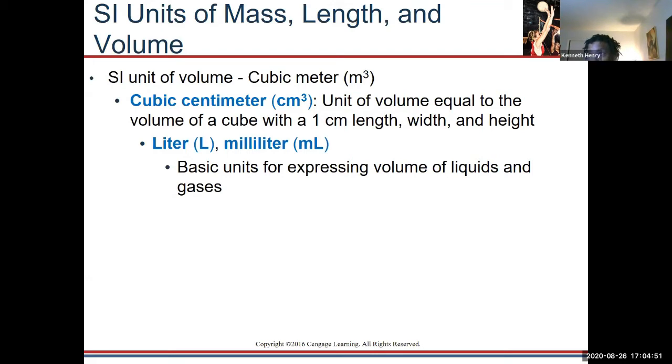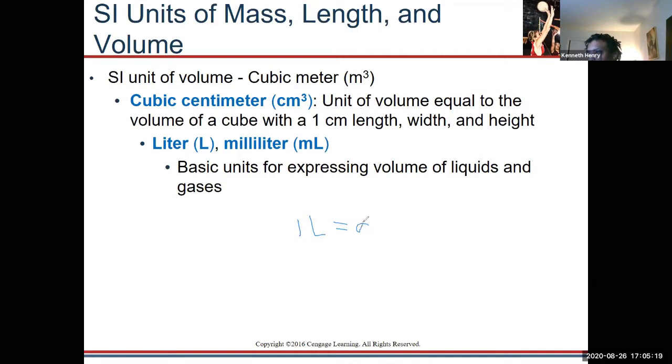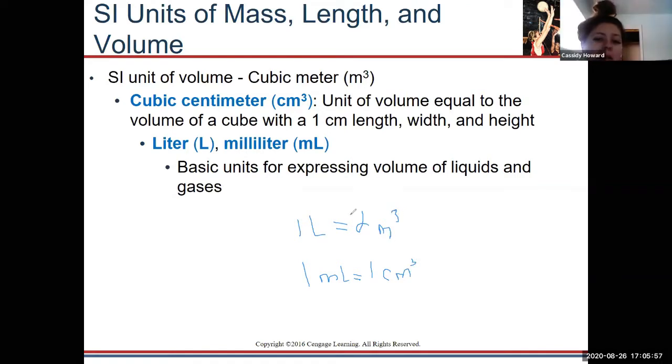The way that they compare to each other: a cubic meter, so 1 liter is actually equal to 1 decimeter cubed, and 1 milliliter is equal to 1 cubic centimeter. That's a DM, 1 decimeter cubed, yes.